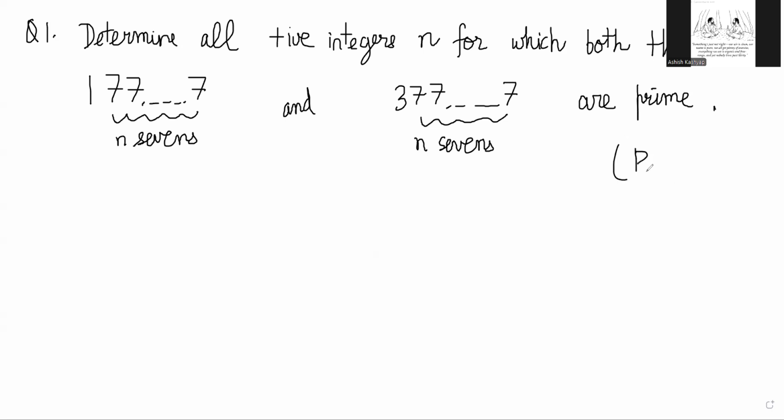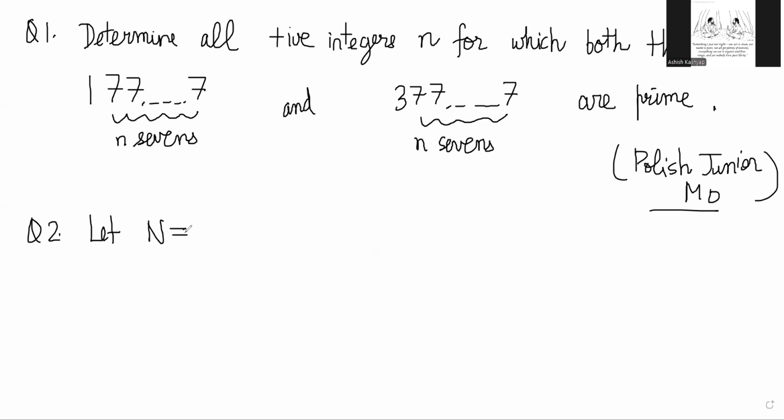This question is from the Polish Junior Math Olympiad. Next one is: let n equal d0 d1 through d9.